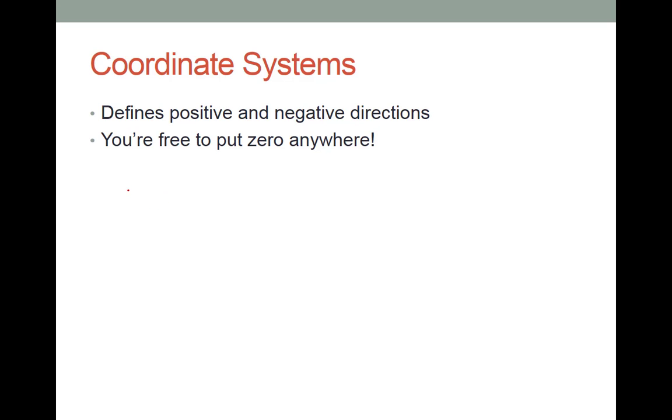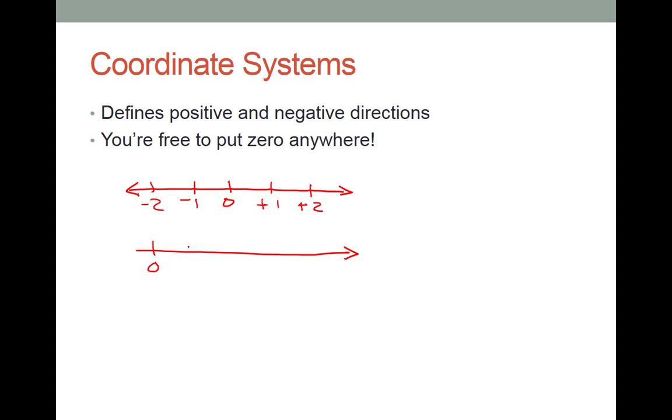The most basic coordinate system is just a number line. And usually you think about a number line with 0 in the middle and positive numbers going to the right and negative numbers going to the left. But is there any reason that I couldn't define a number line with, say, 0 here and negative going to the right? No, I could do it that way.